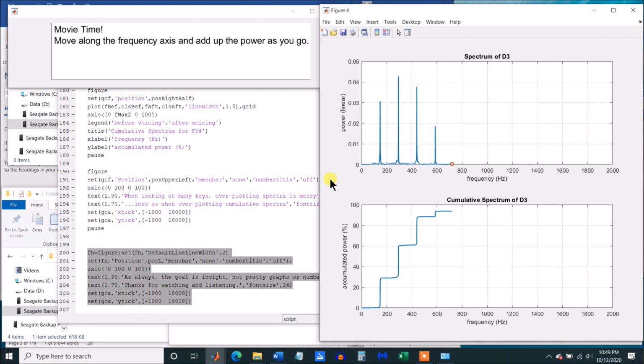Every time I see a spike, I jump in the cumulative spectrum. Not much here because these are weak spikes, or narrow and weak. Coming along here, there's one that's got some power behind it. And then it's going to end up at 100%. Okay, hopefully at this point you have a feel for how the cumulative line spectrum is computed and what it means.